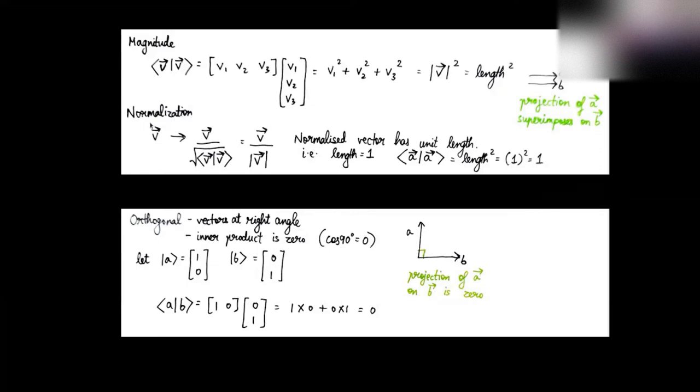And if we want to normalize it, we just need to take that particular vector and divide it by the magnitude that we've calculated earlier. Normalization basically means that the vector has a length of 1. So if we apply this formula on the particular vector, the length squared will be equal to 1, because the length of both the vectors is 1.